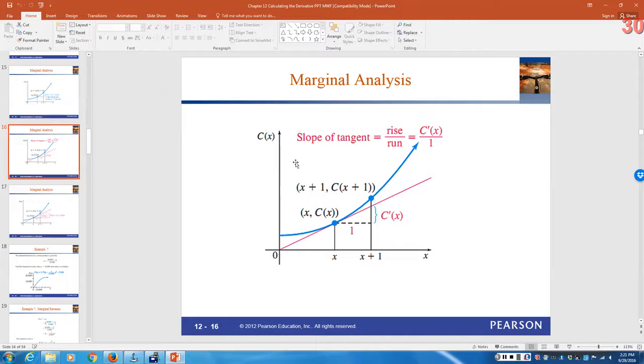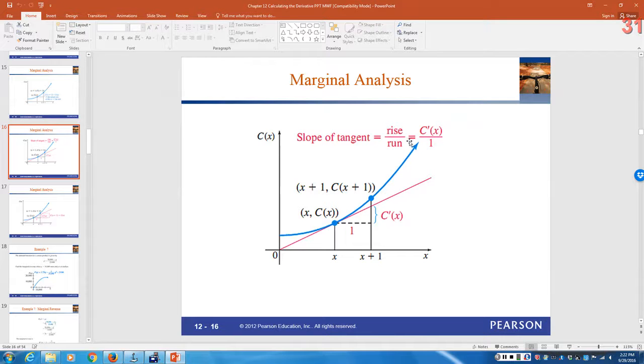So looking at the one we have here, if we drew a tangent at x, c prime of x over 1 would be the derivative. So when I get to x plus 1, let's say this was 1 and this was 2, then this is the marginal change in c of x.